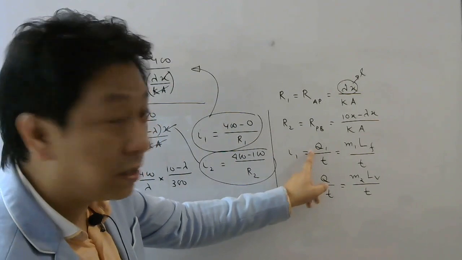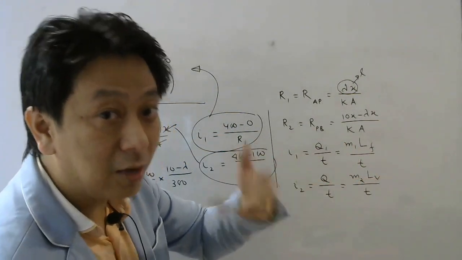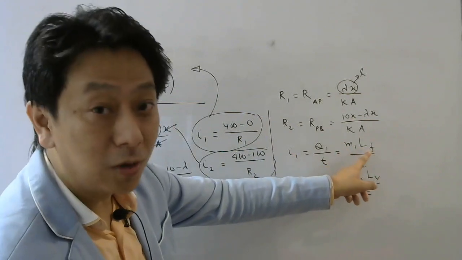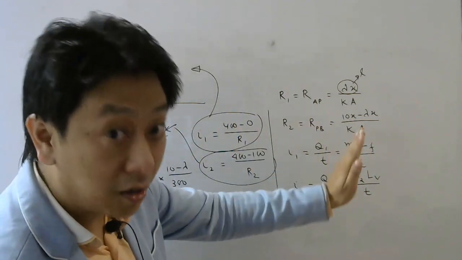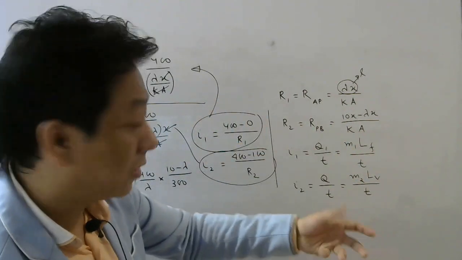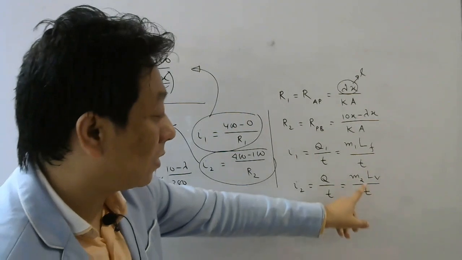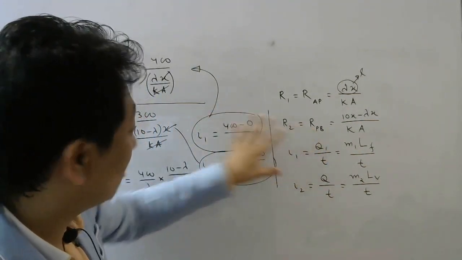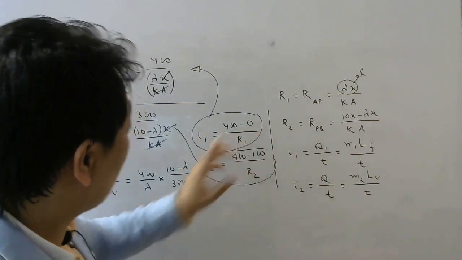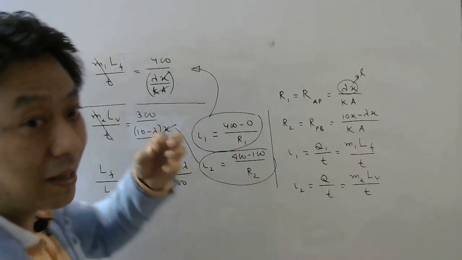Just remember, the heat which comes towards the ice will melt ice. So for melting, what formula do we use? Mass into latent heat of fusion. Similarly, the heat which goes towards 100 degrees will boil your water. So the mass of water which converts into steam, into latent heat of vaporization. Then I substituted these values here, and I divided the two equations so that the common things cancel out.